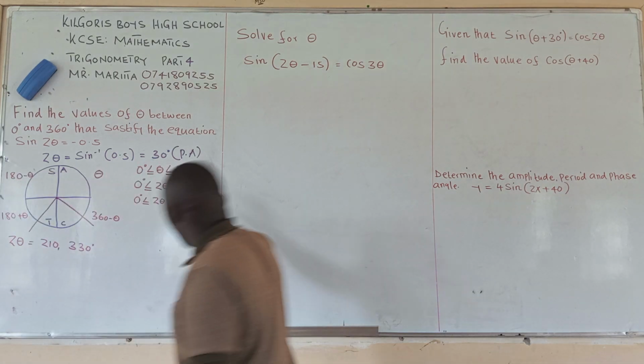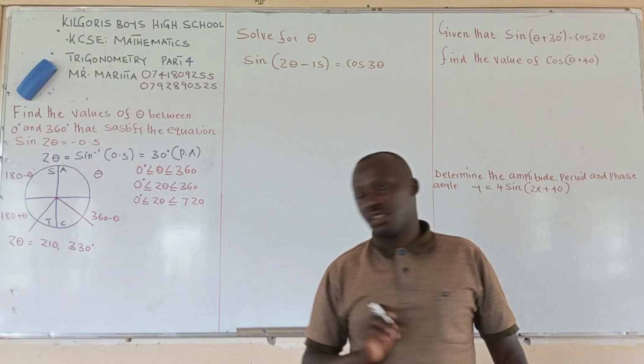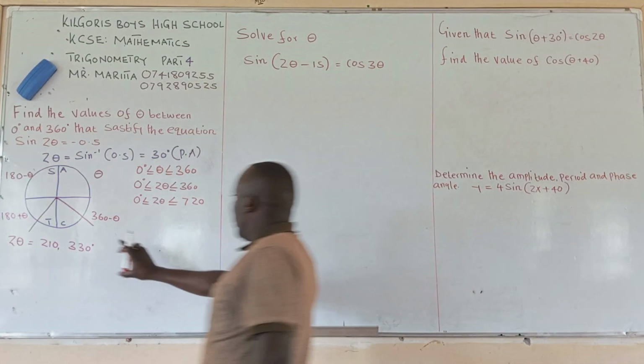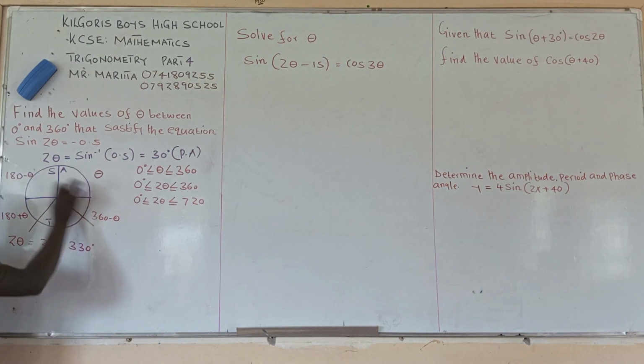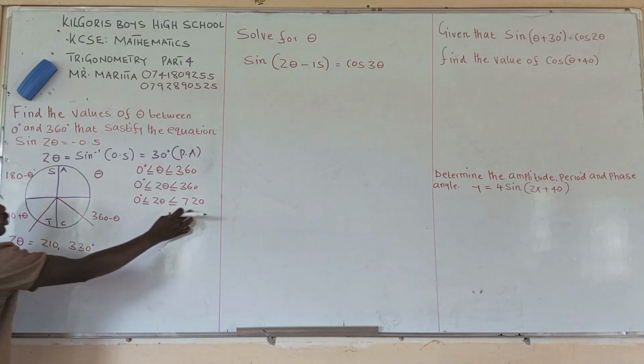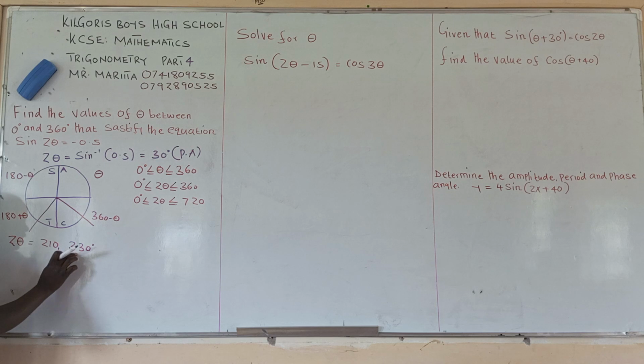So make sure you understand this one very well. If you cannot understand this one here, you will not get the correct solution. So now it means we are moving to the second circle, as we have extended our range to 720. So we have this is 210, then we have 360, then we move next.